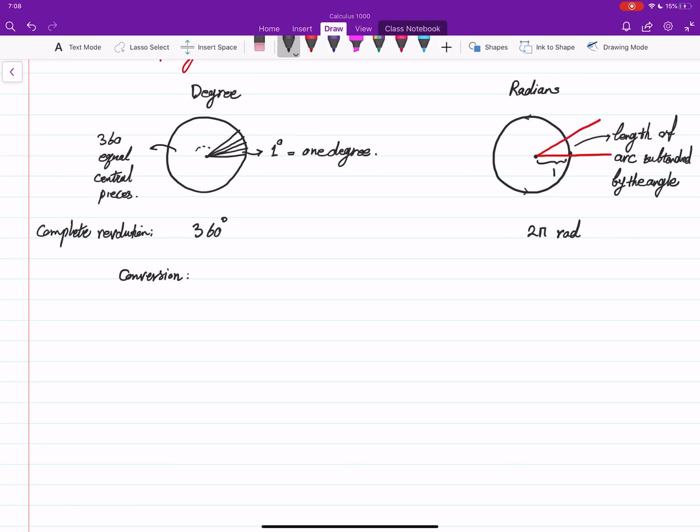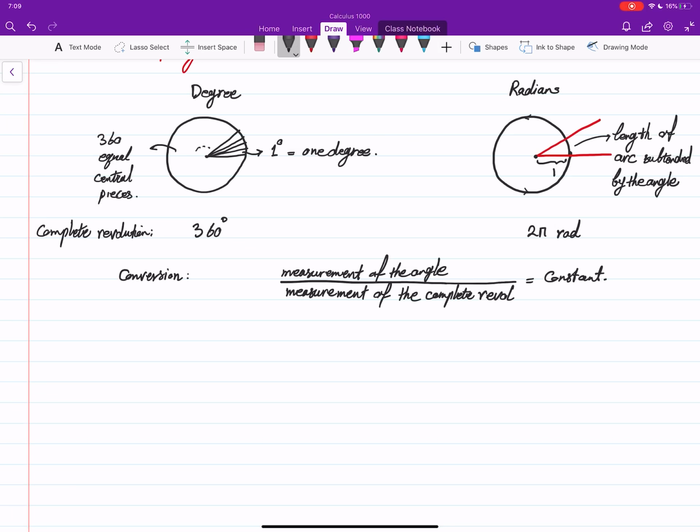If you put an angle central, then the measurement of the angle over the measurement of the full circle, or complete revolution, in the same measurement, is always a constant thing.